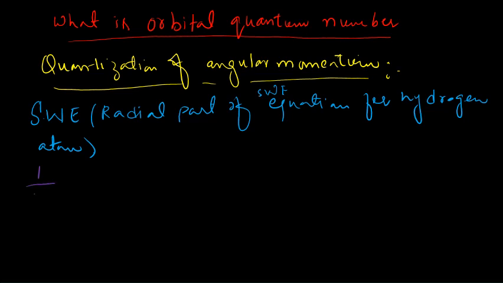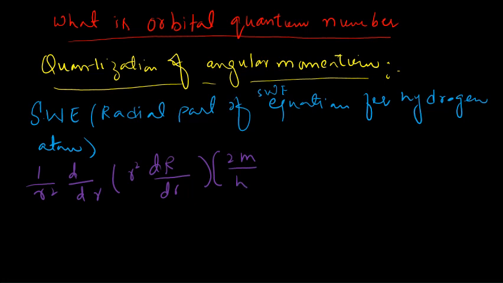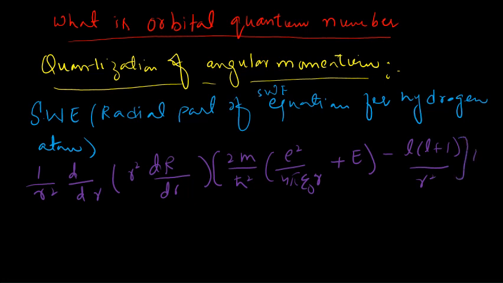The radial part of the Schrödinger wave equation for the hydrogen atom is 1 over r square d by dr into r square dR over dr, plus 2m divided by h bar square into (e square over 4 pi epsilon naught r plus E minus L into L plus 1 over r square) into R is equal to 0.